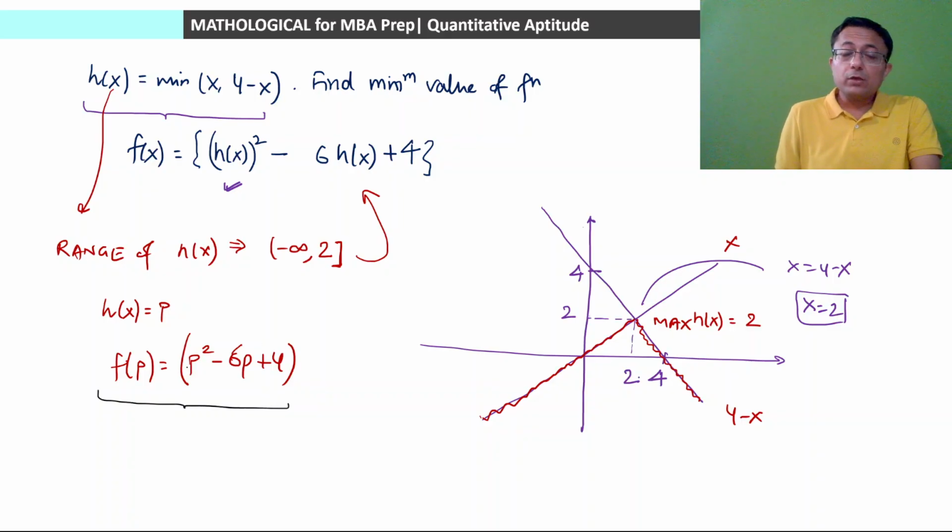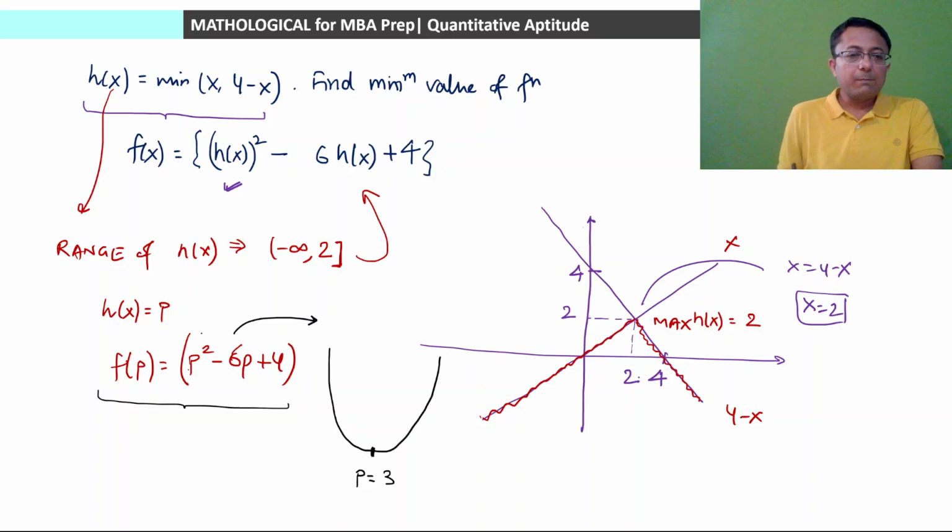So can you find out at what value p square minus 6p plus 4, or f(p), will give us the minimum value? Since the coefficient of p square, the term with degree 2, is equal to 1, a positive value, the graph will be an upwards parabola, and the minimum value will be at p equal to minus b by 2a. Here b is equal to minus 6, so minus of minus 6 by 2, that is p equal to 3, we will get the minimum value.